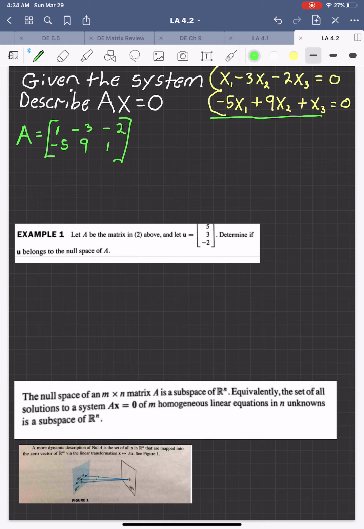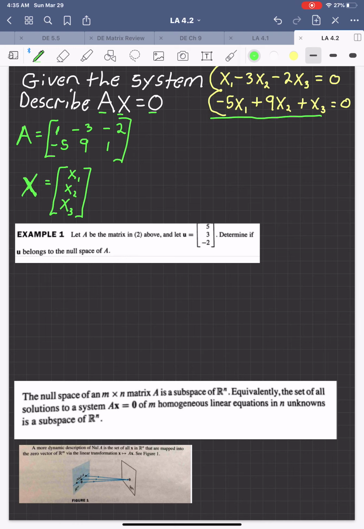Now, what about X? In the context of this problem, first let me ask you, how many different variables do we have? Well, we have 3 variables: X sub 1, X sub 2, and X sub 3. It's important to understand that this is a vector.